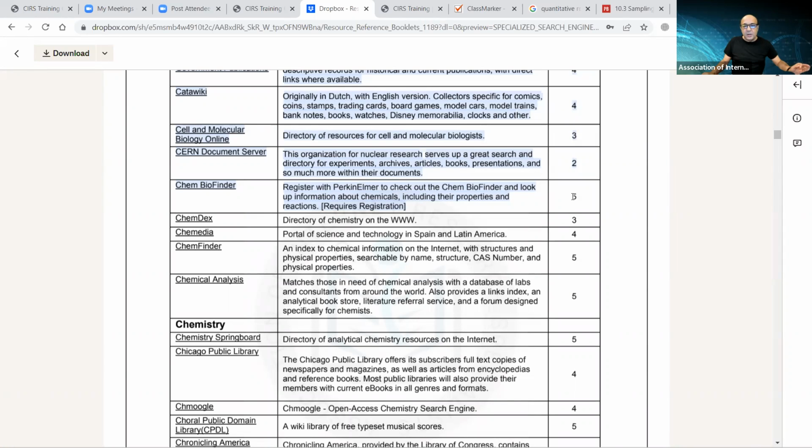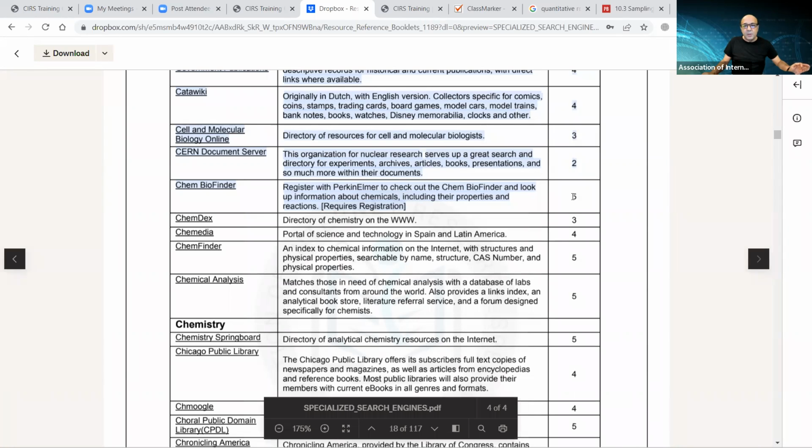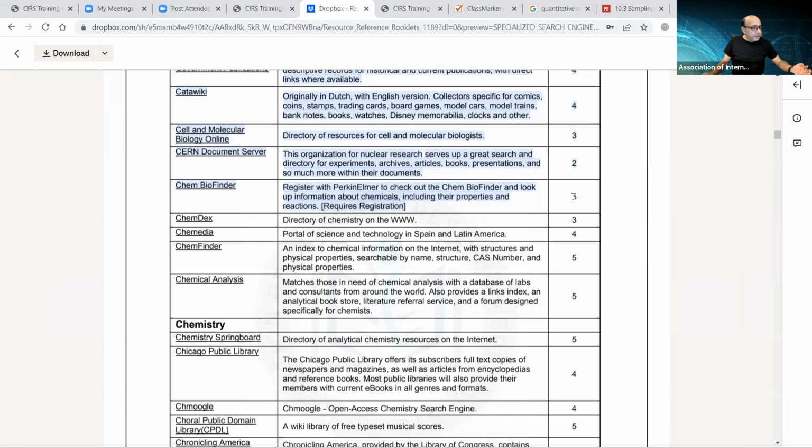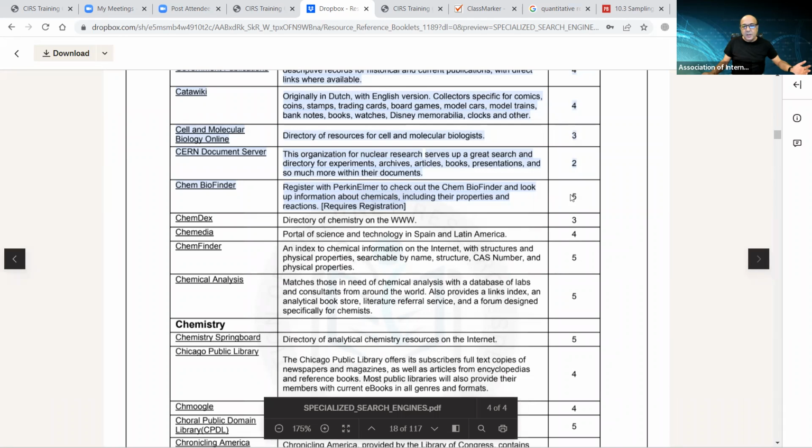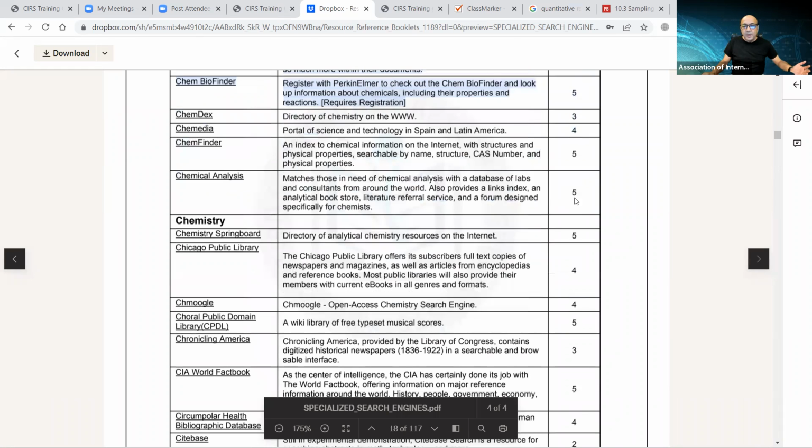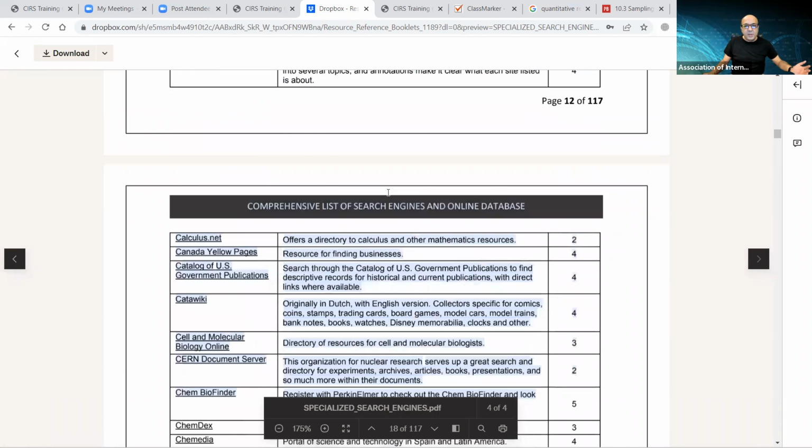The second was the quality of the information, and the accessibility of the information, to what extent you can access it, if it is totally free or not. So everything matters, and that's how we come up with the numbers. So you can very easily look up anything that has got the highest rating and then click on these links.